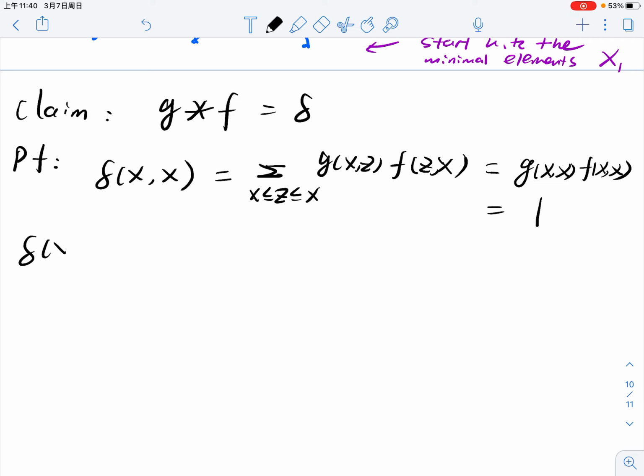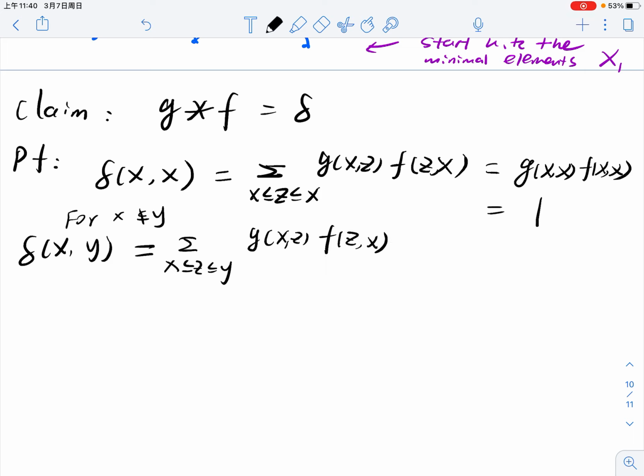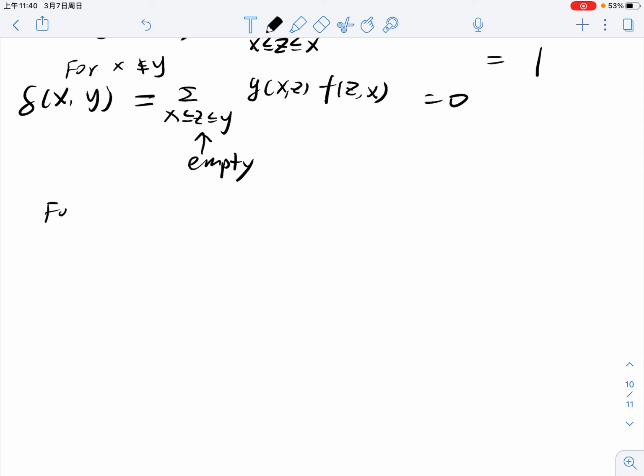Okay, now if you have x, y with x not less than or equal to y, then if you look at the summation, you find it is empty. You don't have any items to sum, so it's 0. And the last possibility is x strictly less than y.